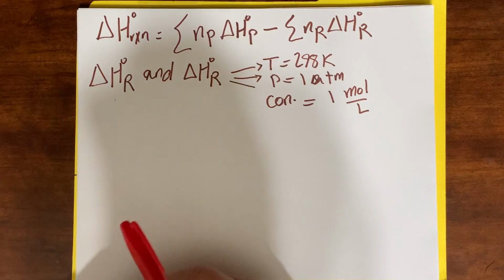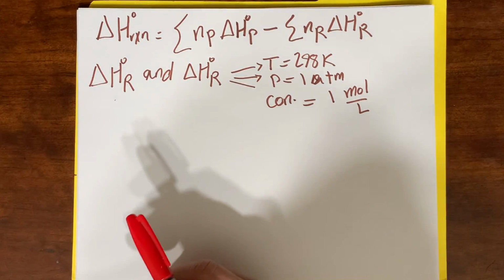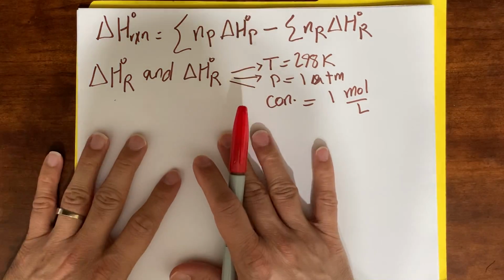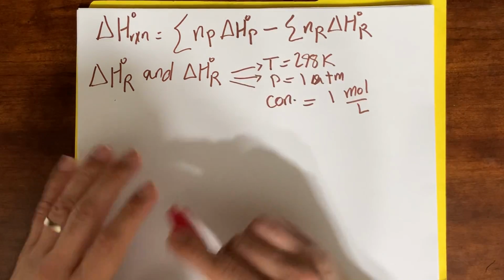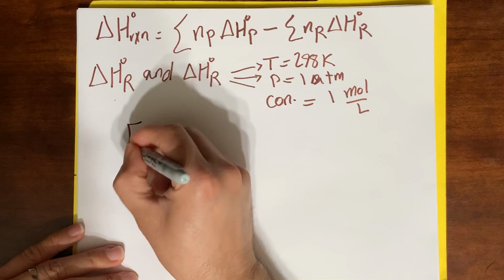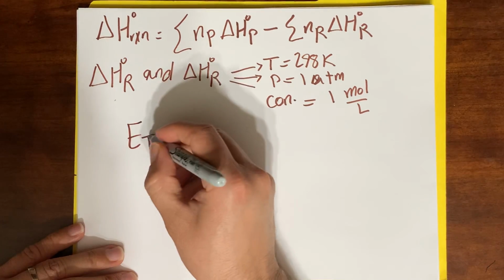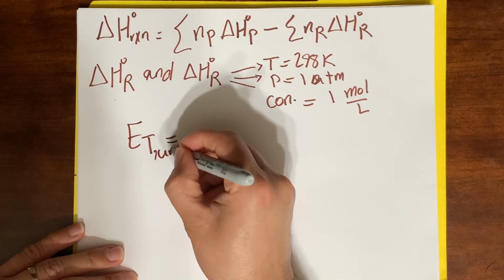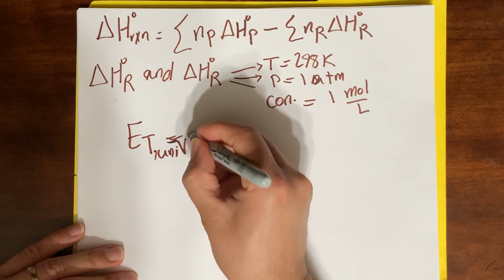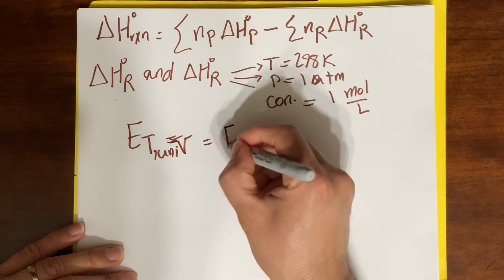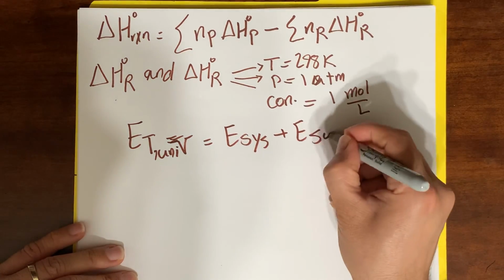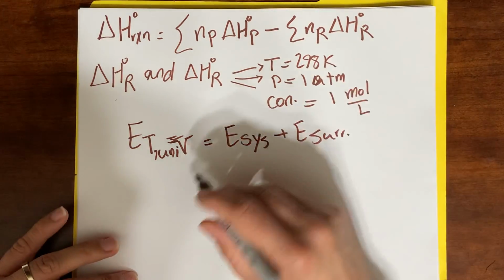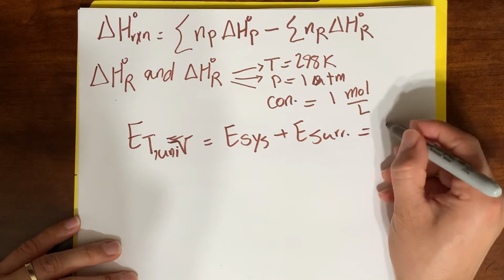And then the first law of thermodynamics was saying that the total energy of the universe is a constant number. The energy of the universe is equal to the energy of the system plus the energy of the surroundings, and this is a constant number.